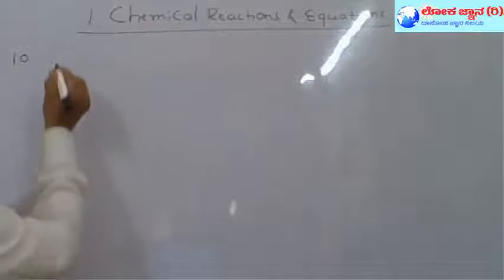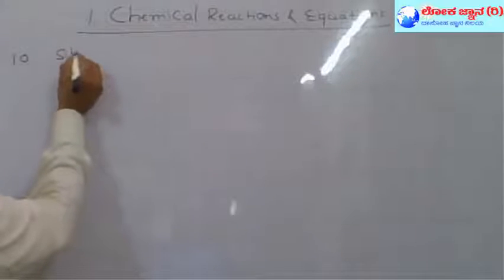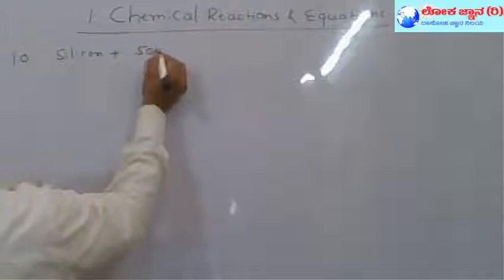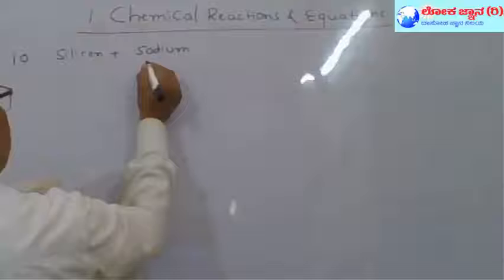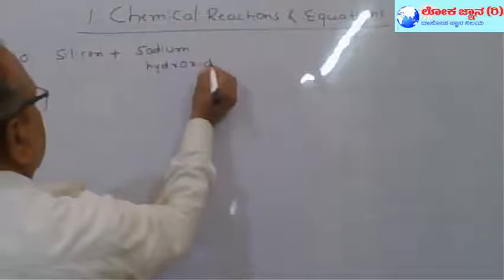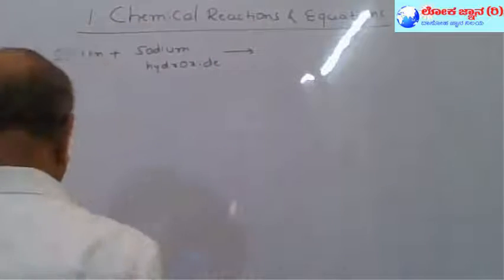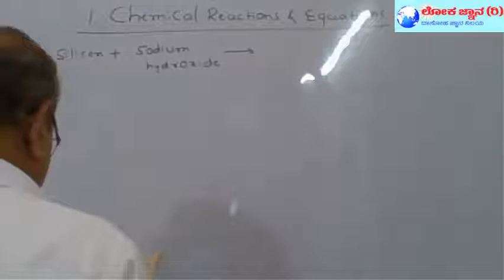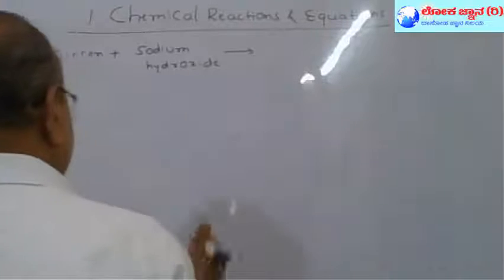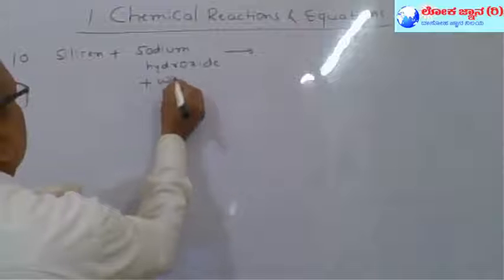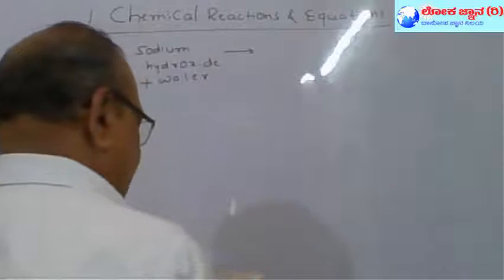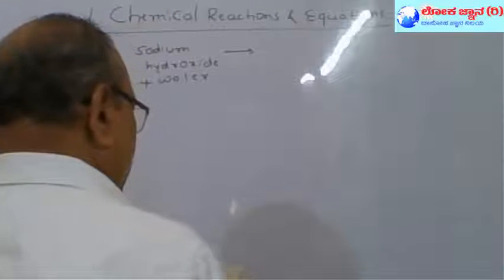Silicon plus sodium hydroxide plus water gives rise to sodium silicate and hydrogen.